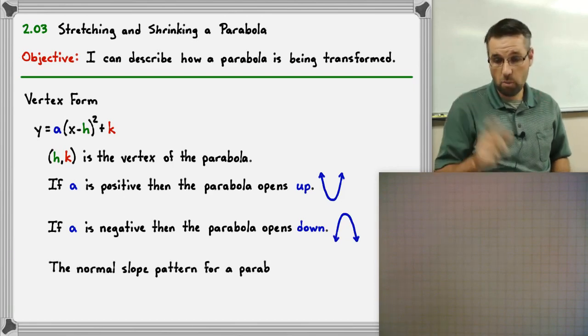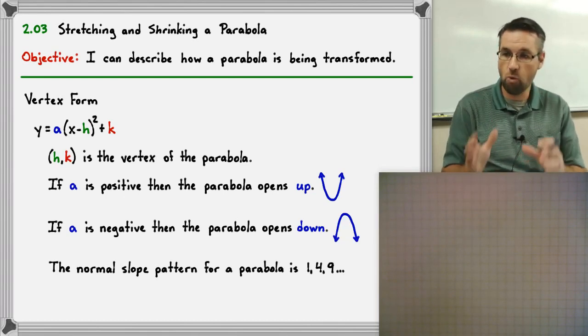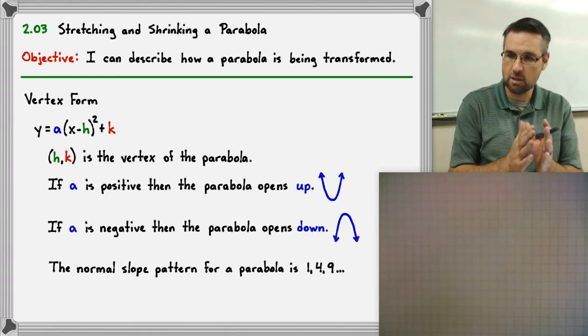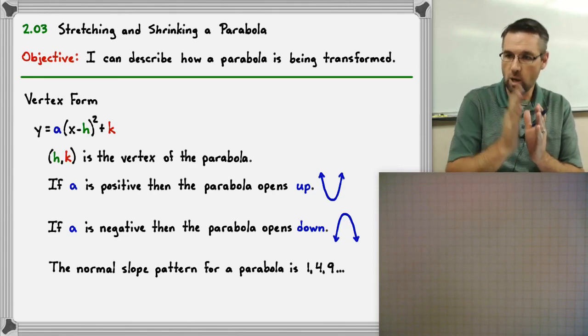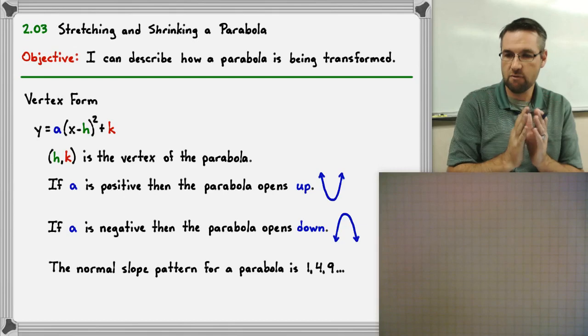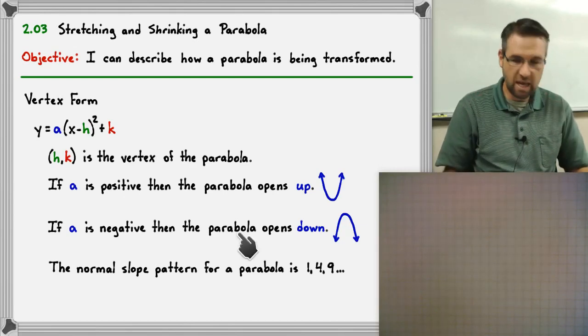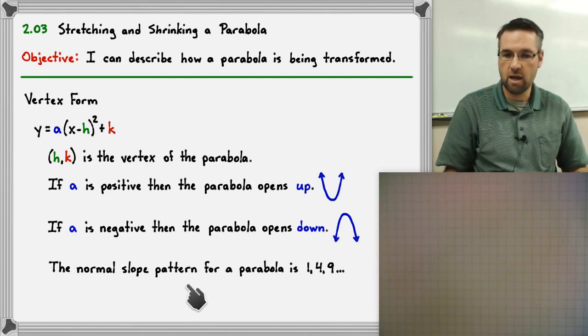And one more thing, you know that the normal slope pattern is 1, 4, 9. That means from the vertex, you go up 1 over 1, and then from the vertex, you go up 4 over 2, and then from the vertex, you go up 9 over 3. And then that continues on based on the perfect square pattern. That is the normal slope pattern, the normal movement that we do.